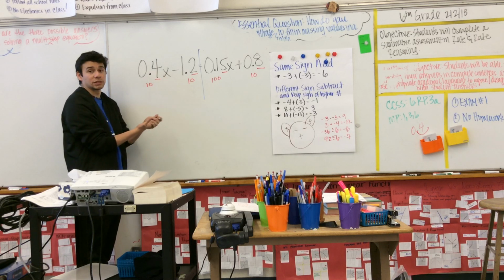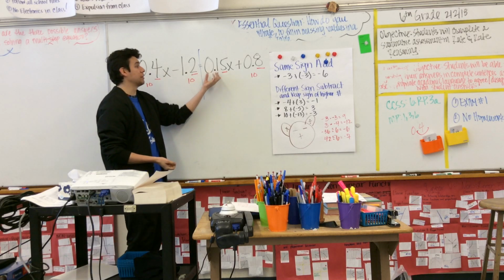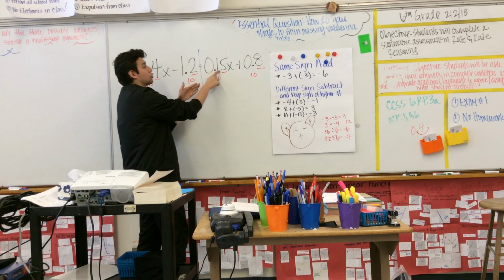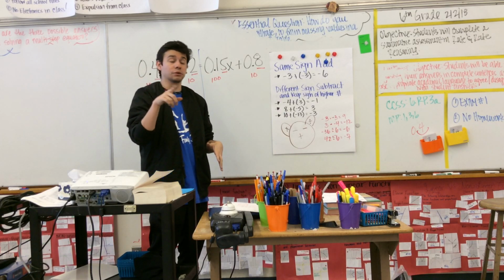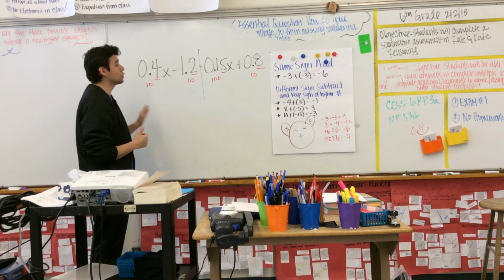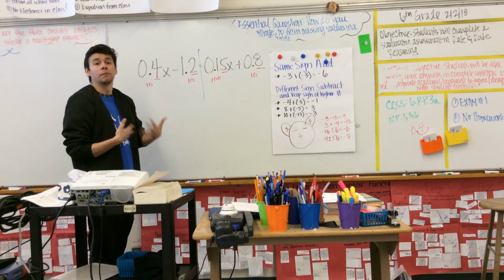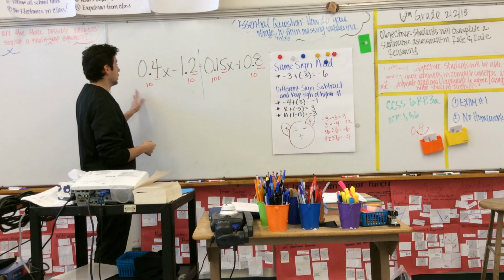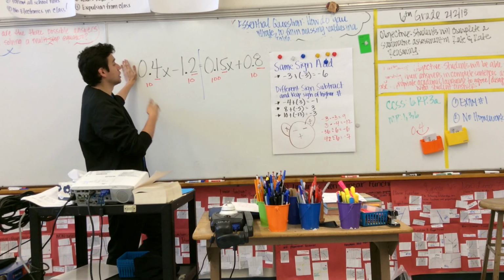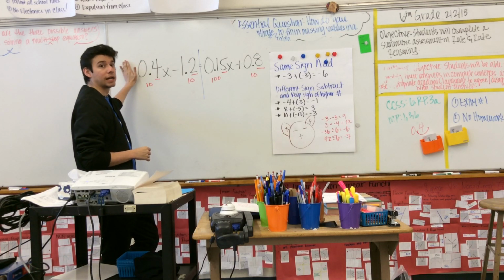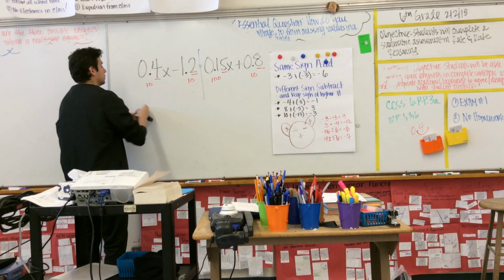If you multiply this by 100, the decimal moves twice, because the 100 has two zeros. So you always want to multiply by the highest power of 10. In this case, the highest power of 10 is 100. So I'm going to have to multiply every single one of these terms by 100. Okay, so here we go.